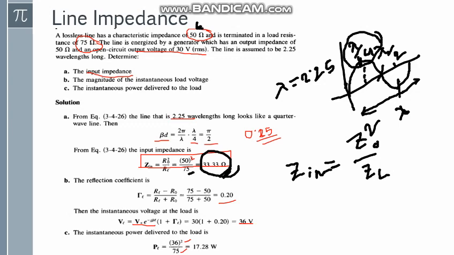Beta means the phase constant, and d means the distance, the distance along the transmission line from the load to the source. So beta is 2 pi by lambda, multiplied by d, that is lambda by 4. After that we will get pi by 2.